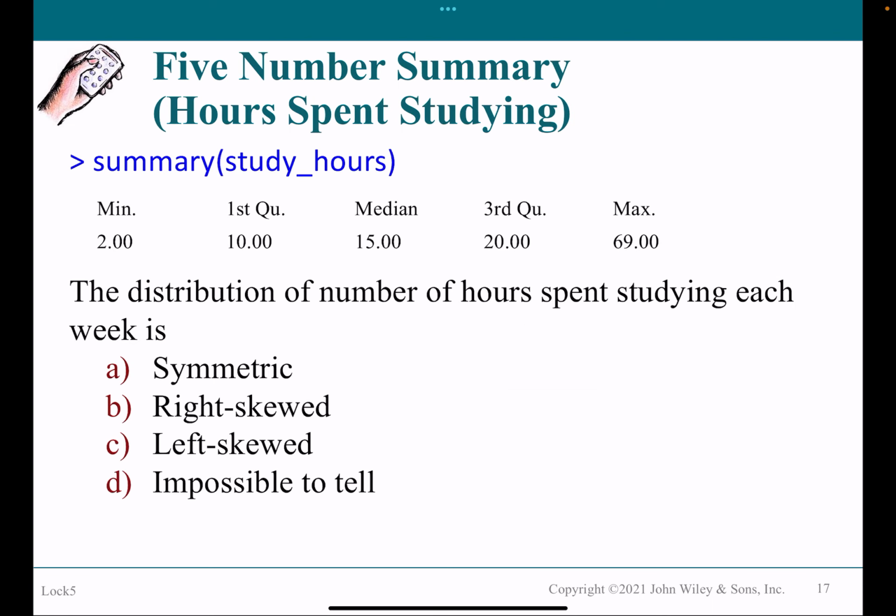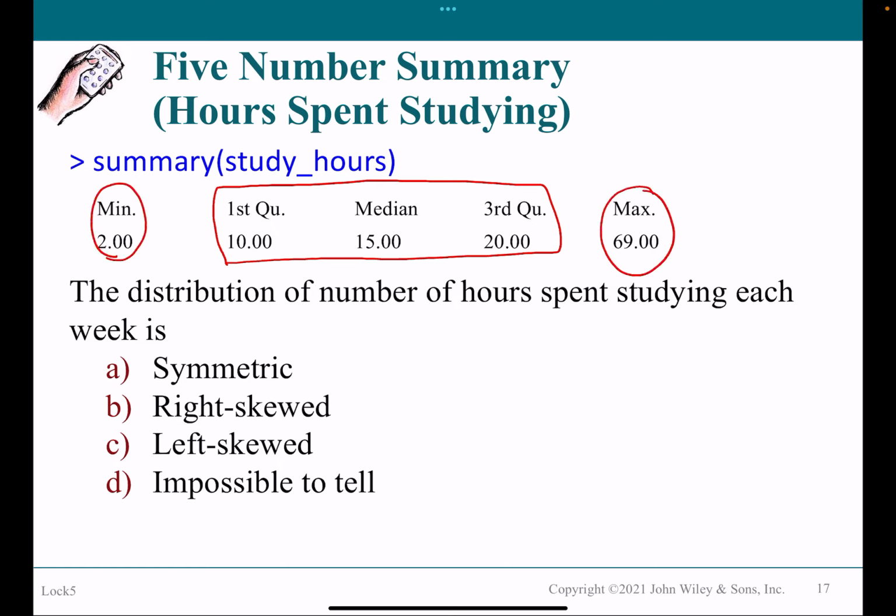Those are the five numbers. Based on that, I explained this example last day in the class, how to find the skewness based on the five number summary. It helps a lot. So we have the quartiles: first one, second one, and third one. This is the mean, and this is the maximum.